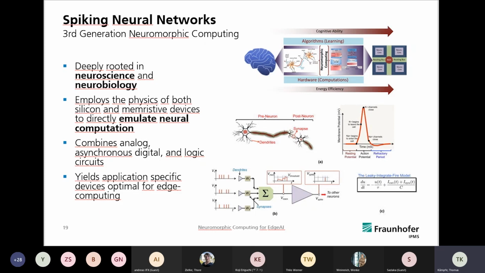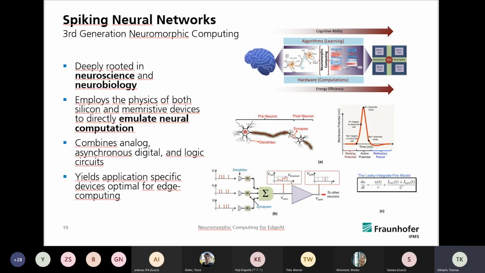Spiking neural networks are deeply rooted in neuroscience and neurobiology, and the description of neurons and synapses of biological systems is the basis of the implementation, and it tries to use the properties of all kinds of devices, silicon-implemented memristive devices, to directly emulate similar neural properties as we see in actual biological systems.